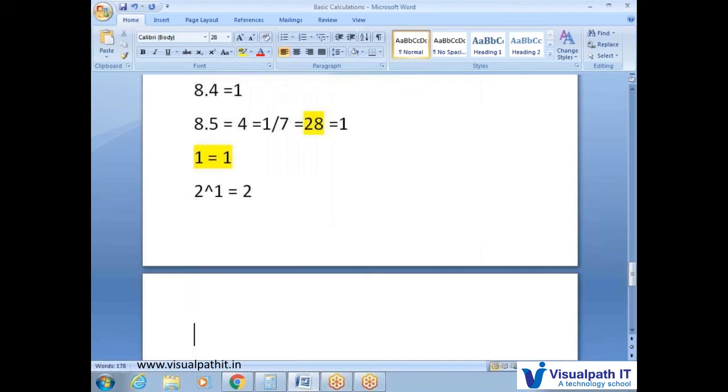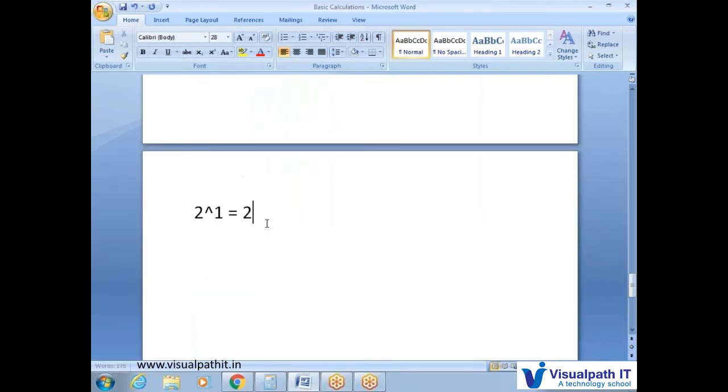And 2 square is equal to 4. And 2 cube is equal to 8. And 2 power 4 is equal to, what is the answer?